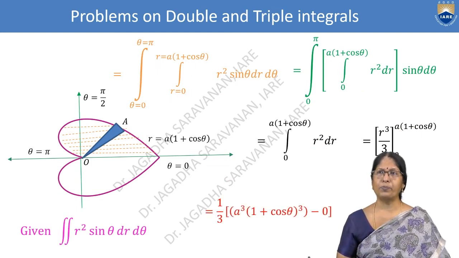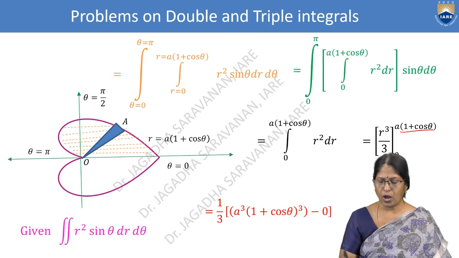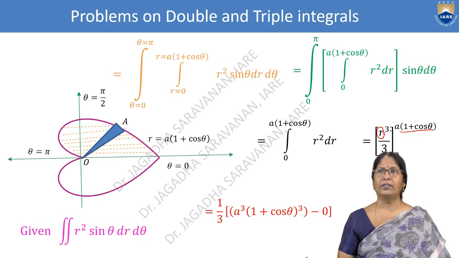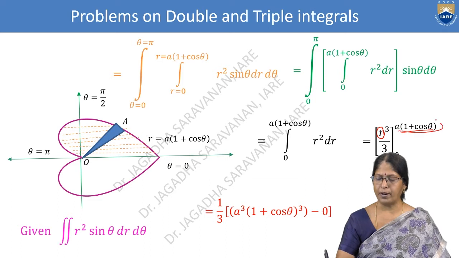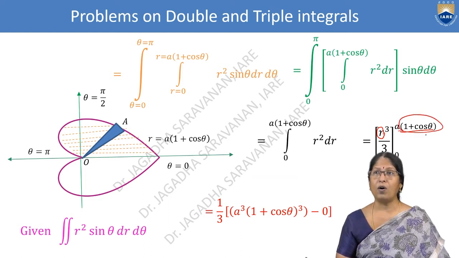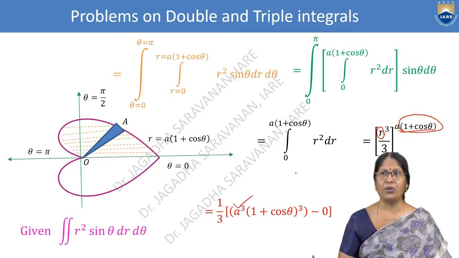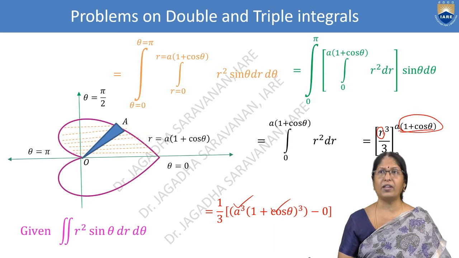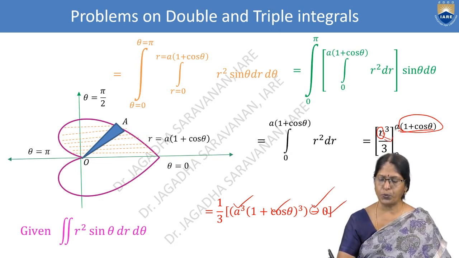Now we are going to substitute the upper limit, that is a of 1 plus cos theta, in the place of r. It's nothing but a cube times 1 plus cos theta the whole cube. Minus, for the lower limit, in the place of r we substitute the value 0.